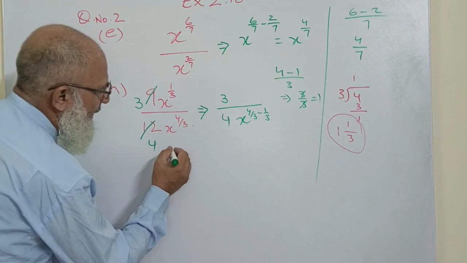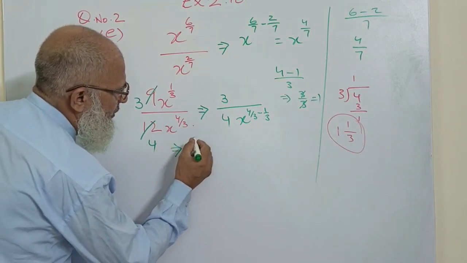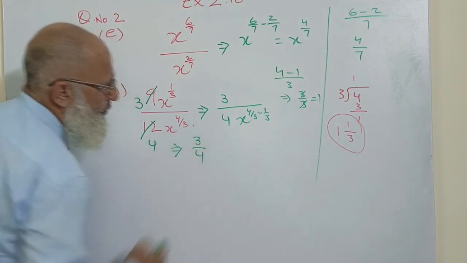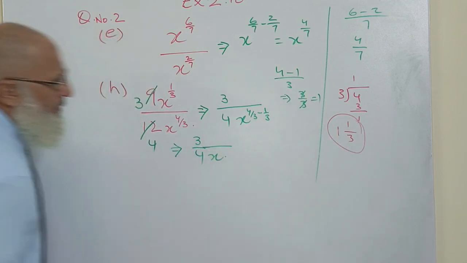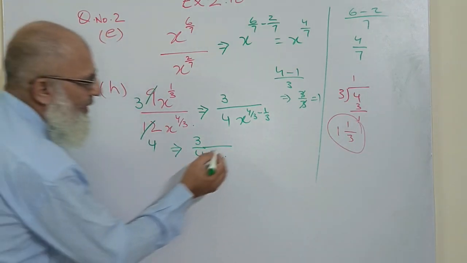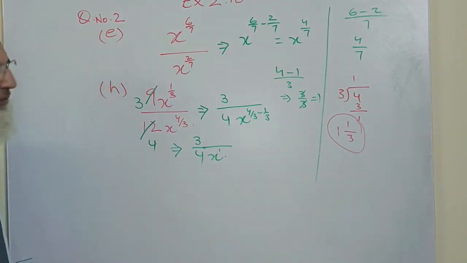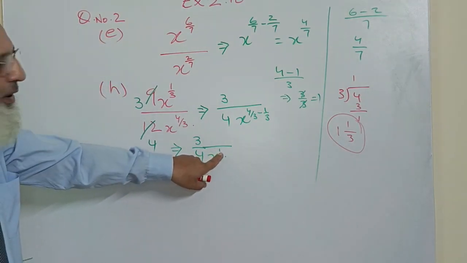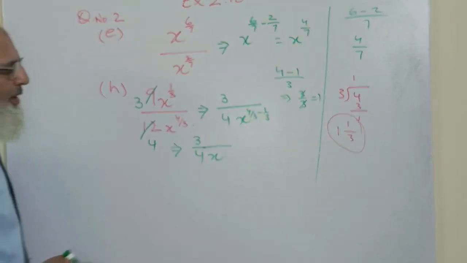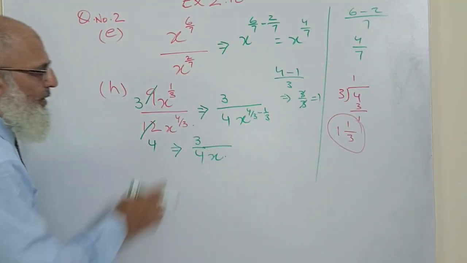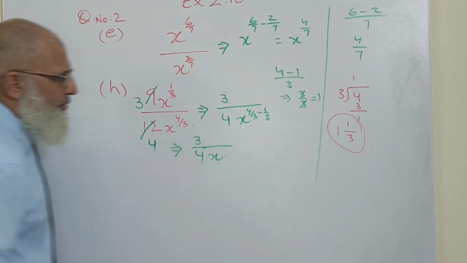So the net answer will be 3 by 4x only. In fact, it was x^1, but we need not write 1 over here, so just abolish this one from here. 3 upon 4x will be the answer.